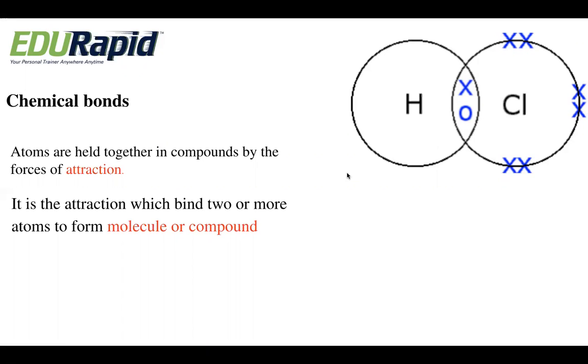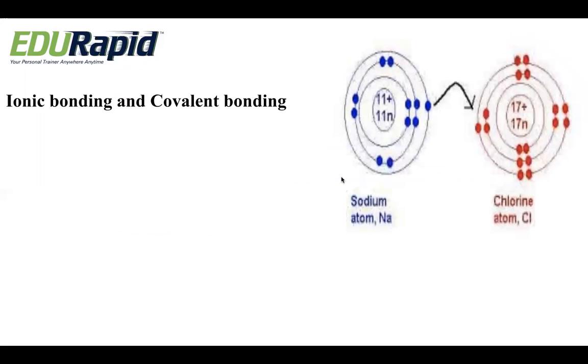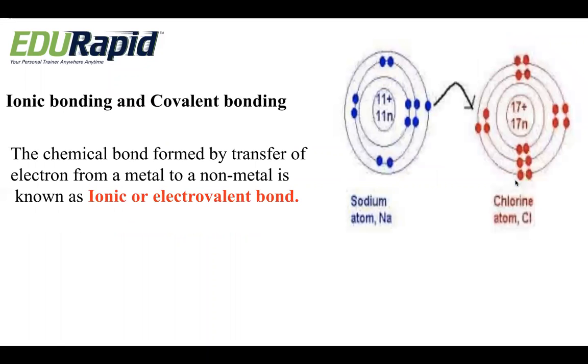So let us move to the next slide, that is, types of bonding. There are 2 important types of bonding. One is an ionic bond and another is a covalent bond. Let us first study the ionic bond.